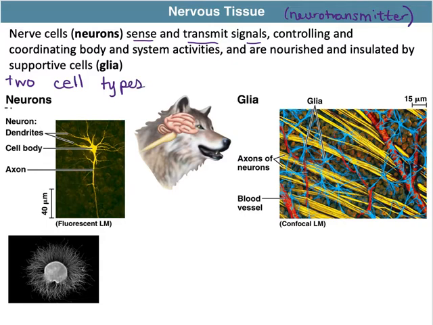The first is the neuron. This is the major type. It's less in number, but this drives the function. So we have a cell body, which has the nucleus. We have the dendrites. This looks like a creepy giant eyeball. The dendrites receive neurotransmitters.